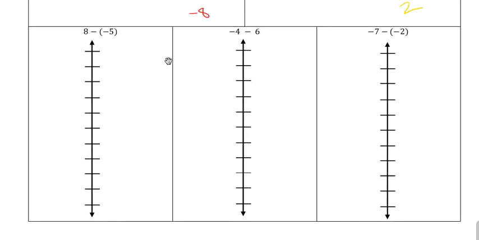So I have 8 minus negative 5. I'm going to start at 8, and we kind of have to decide which way we're going to go. If I'm subtracting a negative 5, I need to take away negatives. The opposite of negatives, to take them away, would actually be positives, and on a vertical line, positives means up.